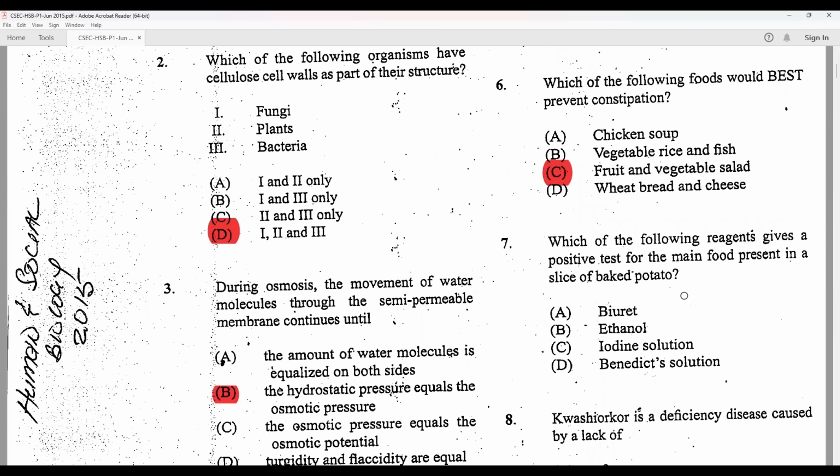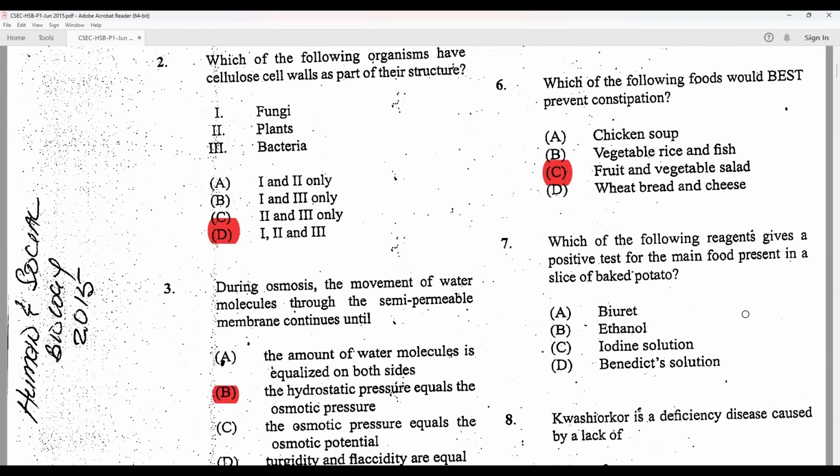Which of the following reagents give a positive test for the main food present in a slice of baked potato? If you are thinking about a baked potato, you are thinking about either carbohydrates or starch. Which one are you thinking of? Carbohydrate or starch? Which means biuret, which is for protein, is out.